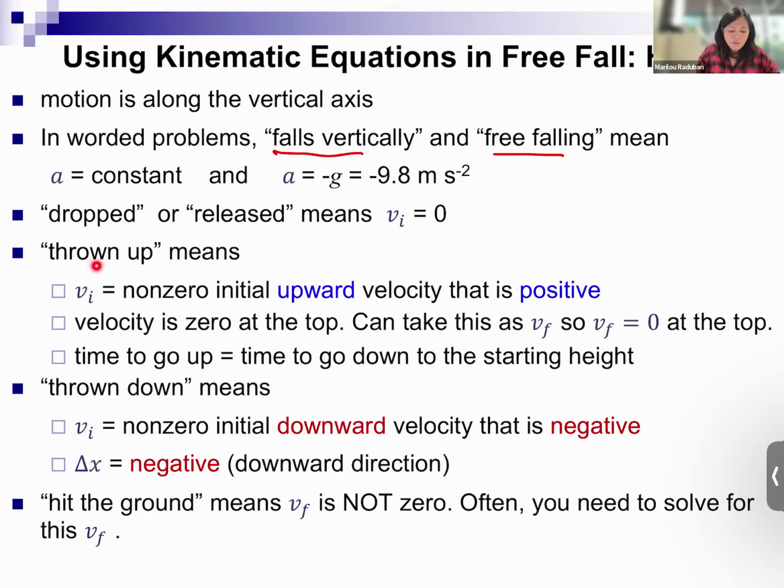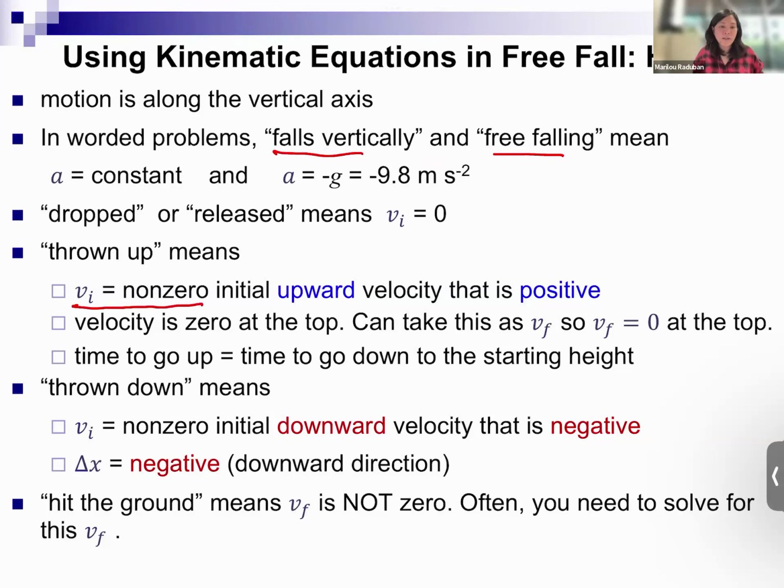When an object is thrown upwards, it's initially at rest, but in order for it to move upwards, you have to apply some initial velocity.